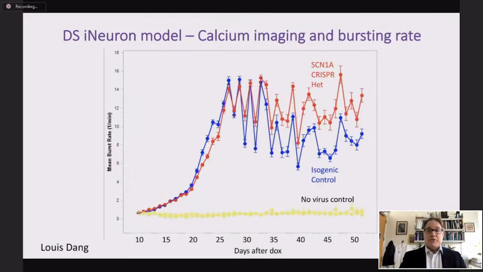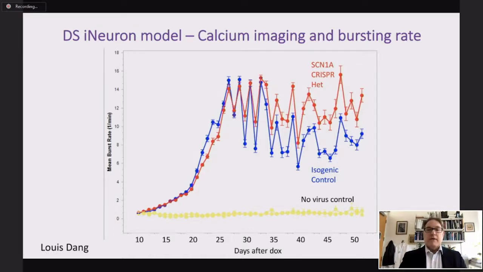Now, we also measured bursting activity, and they both start out with normal bursting activity. The control line, as it matures, has lowered bursting activity, but the Dravet syndrome SCN1A het line continues to have high bursting activity, suggesting hyperexcitability.